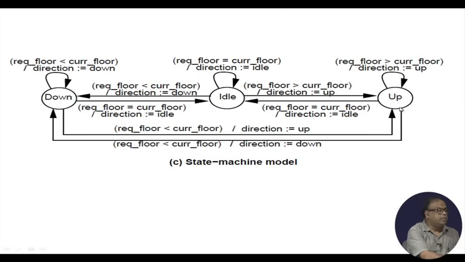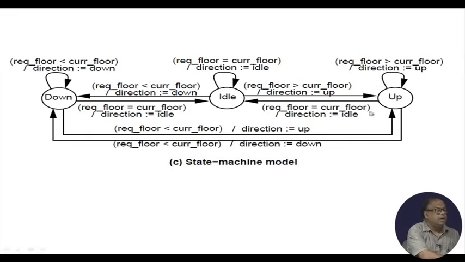So, you can see that from up, the system was in a state of moving up, and if the requested floor is less than the current floor, then the direction is moving down. Now, you see this scenario: while it is moving up, if a request comes for a lower floor, then whether you will put the direction to down or not. There is no condition here.